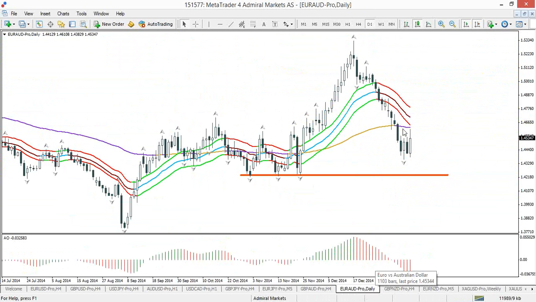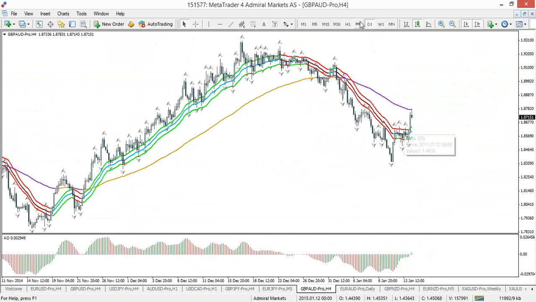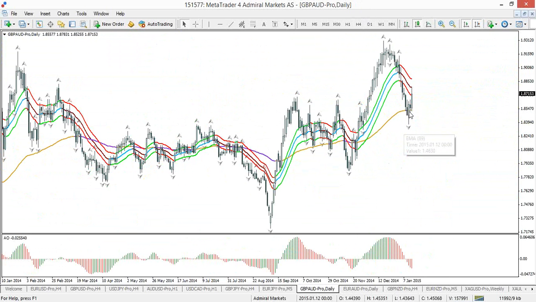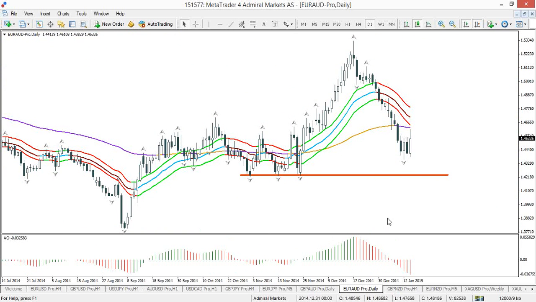Euro is, I think, a bit different because look at the Euro. It pushed through the 89, whereas if you look at the pound odd, it kind of bounced off the 89. So I like the pound odd upside a bit more than the euro odd upside. Not too fond of that euro upside necessarily, although we are seeing some bullish reaction.